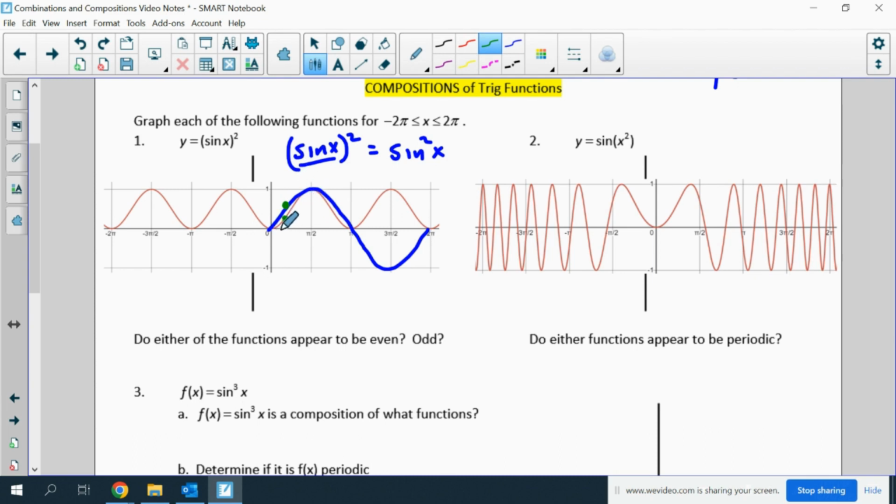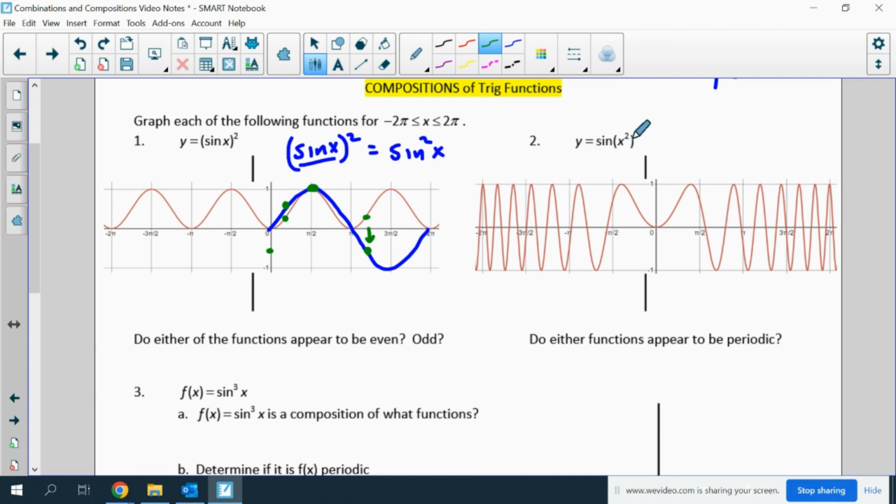So it dips down a little bit, but then 1 squared is 1. Then all the parts that are below the axis, when you square them, so for example, at 7 pi sixths, you end up at negative 1/2. That's going to, when it's squared, become positive 1/4. So it's a little lower, and it's also above the axis.